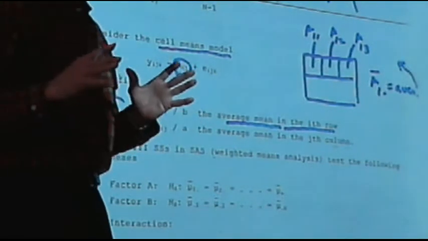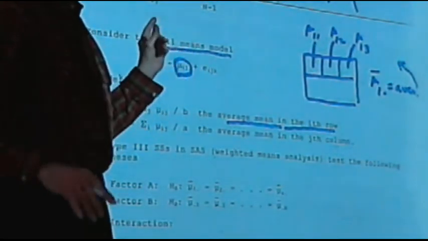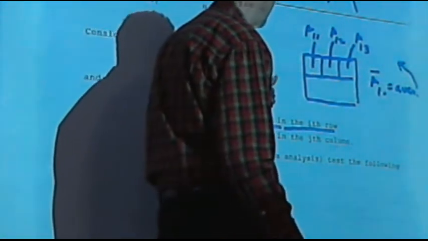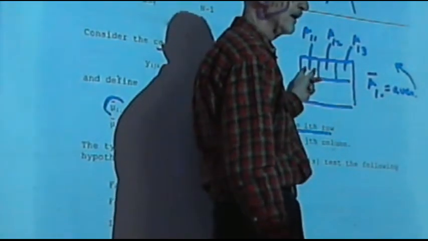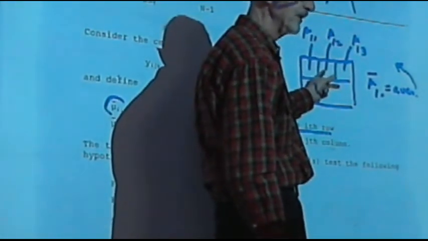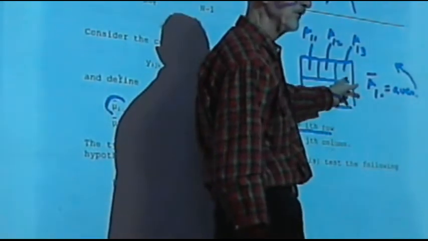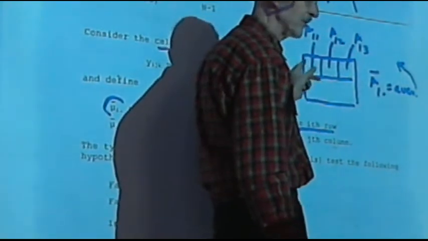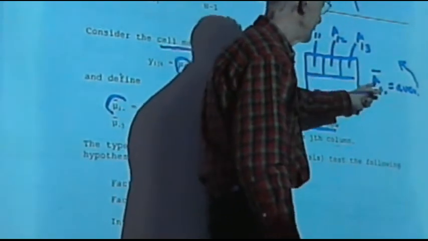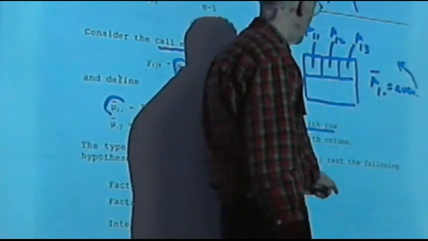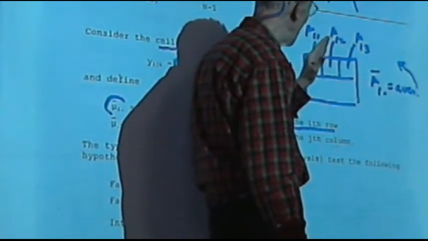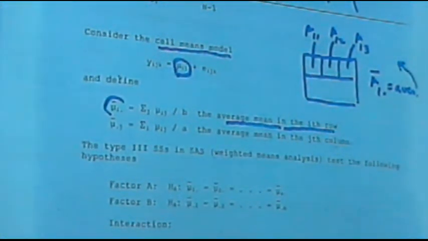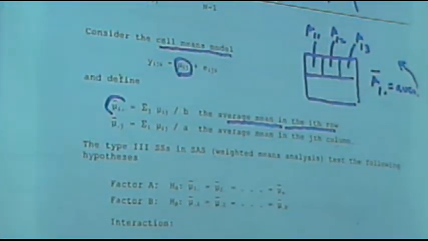If you think about the actual data, this is not the average of the data in the first row. I might have 5 observations in this cell, 15 observations in this cell, and 2 observations in this cell. The average of those is not what this is. So this is the average of the averages. So watch out for that subtle little difference going on there.